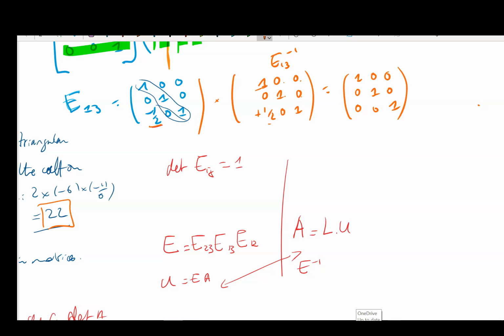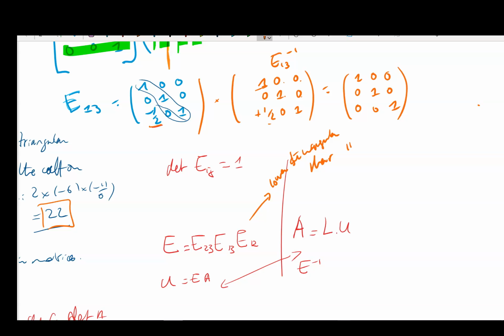So the nice thing is that all of these elimination matrices were lower triangular matrices, and their inverse is also going to be a lower triangular matrix.